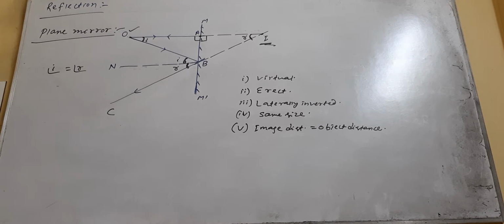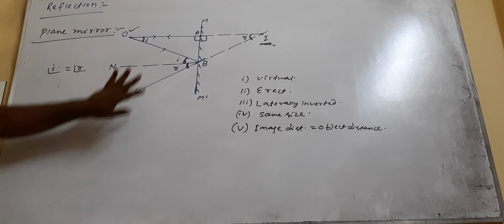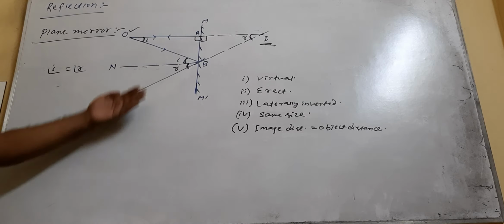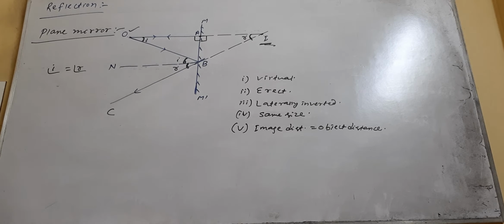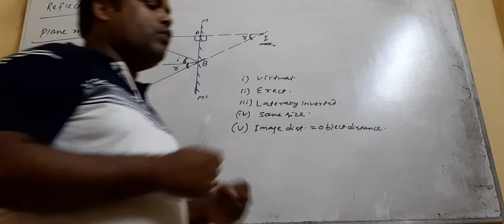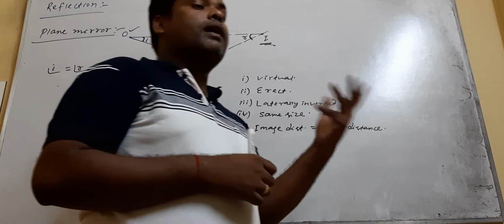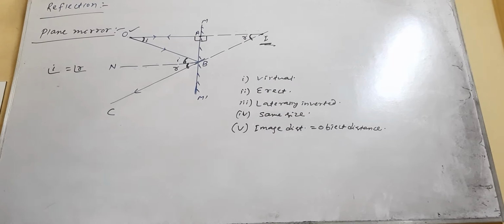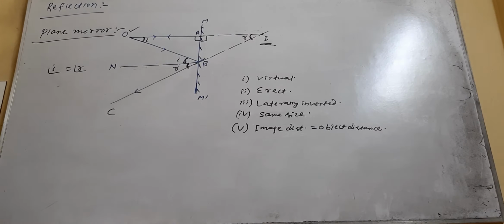Here is one question I can ask: if you fix a plane mirror on this wall and you are moving parallel to the wall, then what happens? What is your relative velocity with respect to your image?